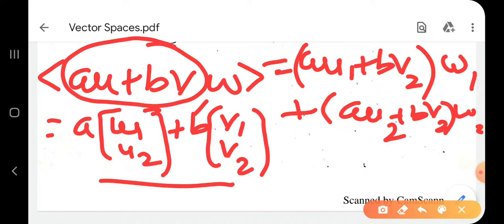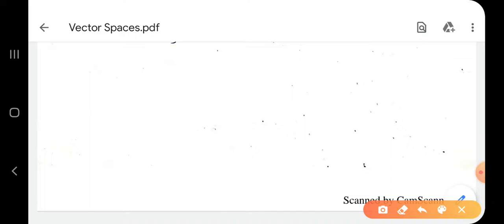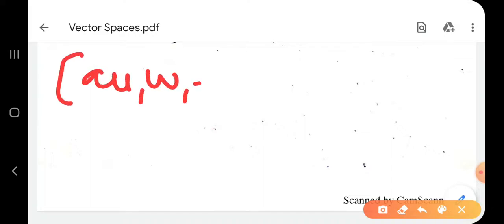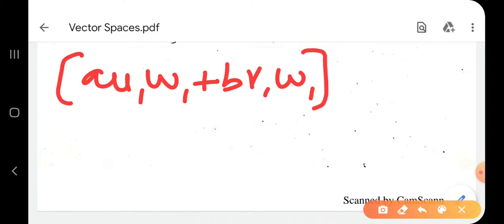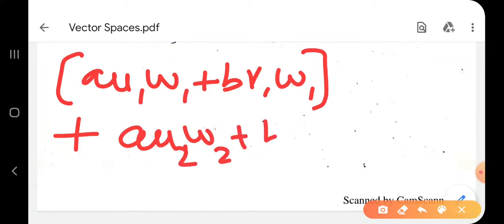Now you can multiply w1 and w2 inside the brackets and take the u and v terms outside. Here I can write a u1 w1 plus b v1 w1, the first bracket, plus a u2 w2 plus b v2 w2.